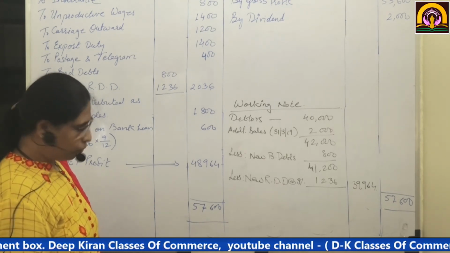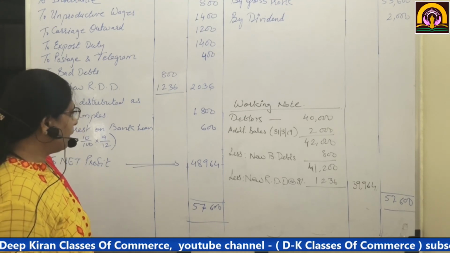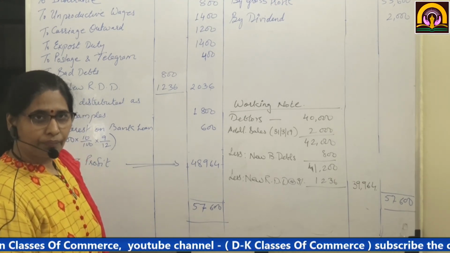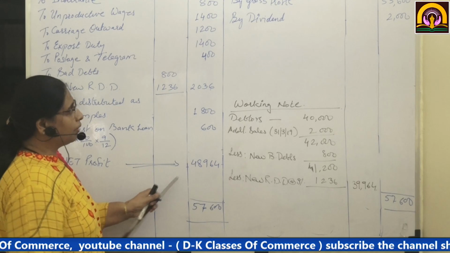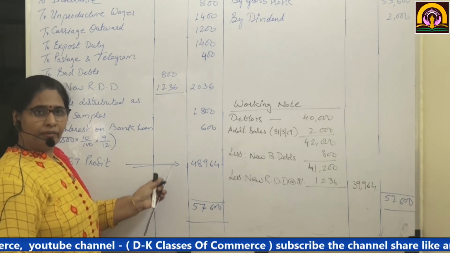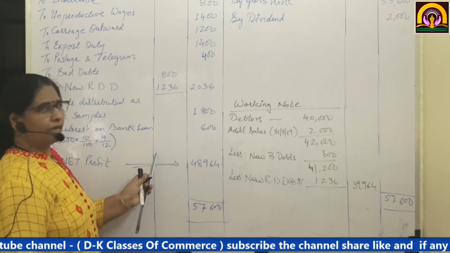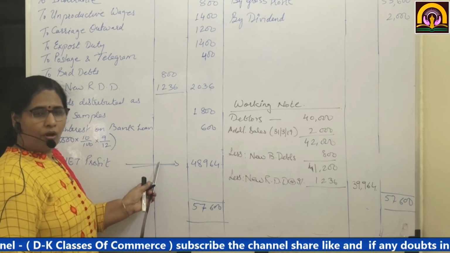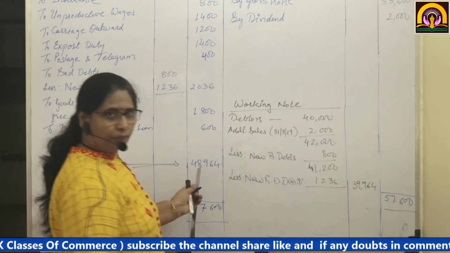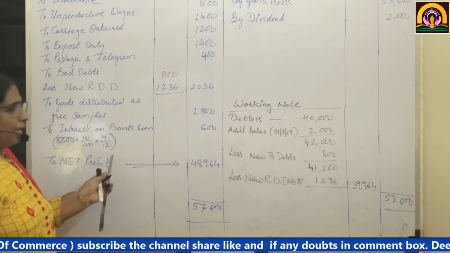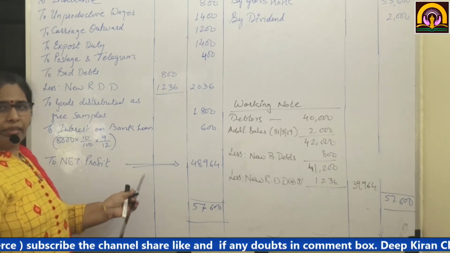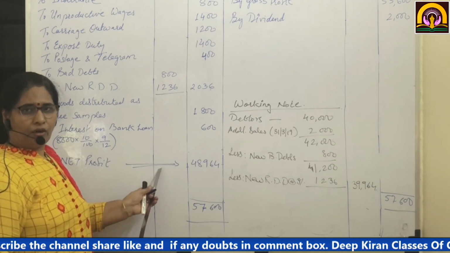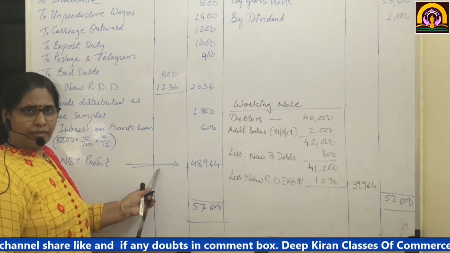So it comes to 48,964. Okay. So here we have completed the sum of practical problem number 7 on page number 60. We had to prepare the trading account and the profit and loss account. The balance sheet was not asked in this problem.